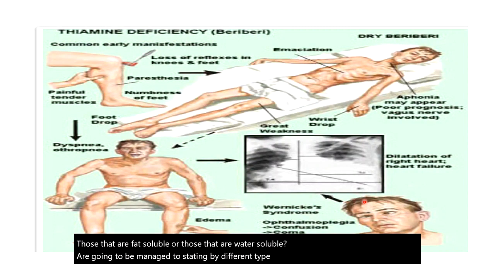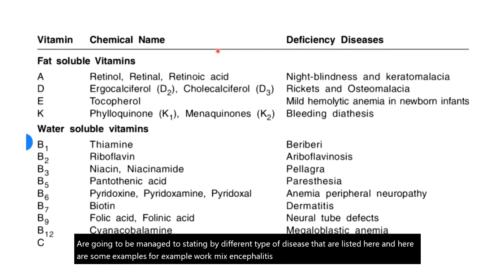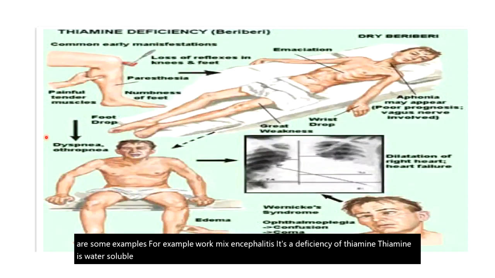For example, Wernicke's encephalopathy. It's a deficiency of thiamine. Thiamine is a water-soluble vitamin, B1, and it will produce manifestations in the central nervous system with loss of reflexes, paresthesias, numbness, and a lot of other symptoms.